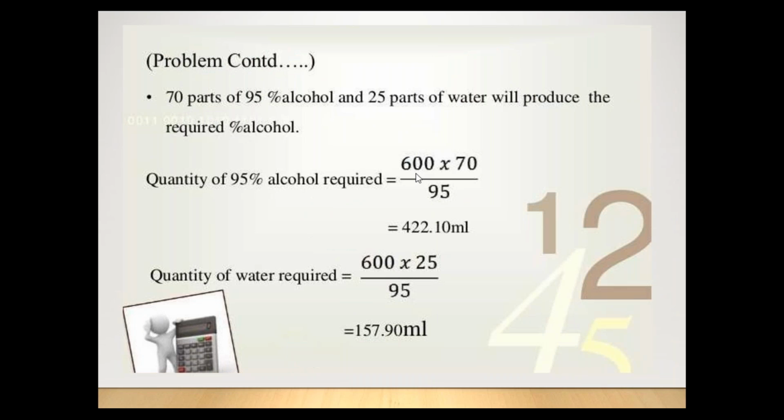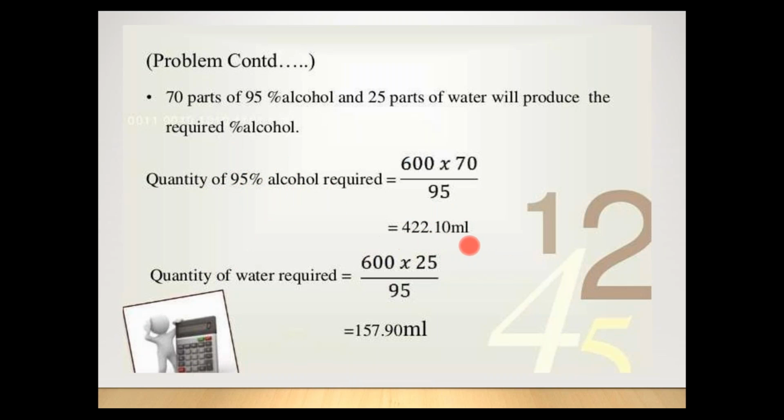So this is 600 into the parts of alcohol, that is 70, divided by your strength, that is 95, which is equal to 422.10 ml.